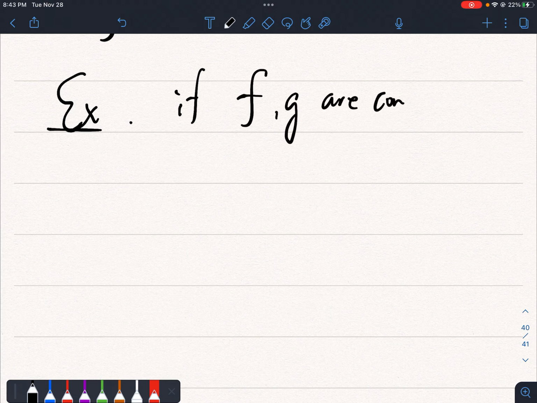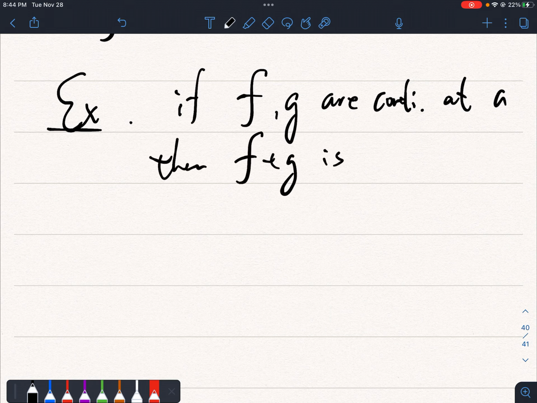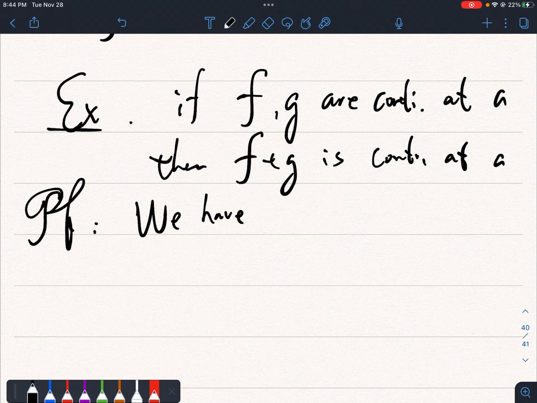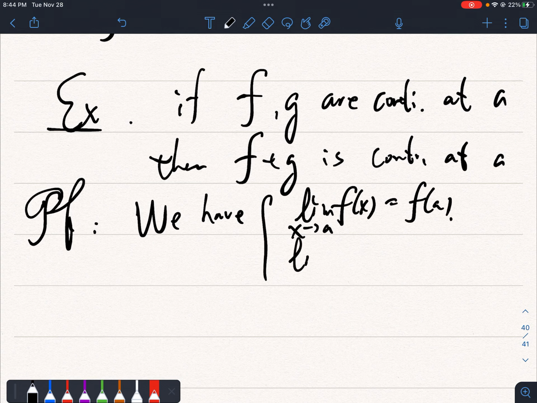We want to prove that if f and g are continuous at a, then f plus g is continuous at a. Okay, so first, what does this mean? Okay, so proof. So we have two conditions. So now we have the limit as x approaches a of f of x is equal to f of a.